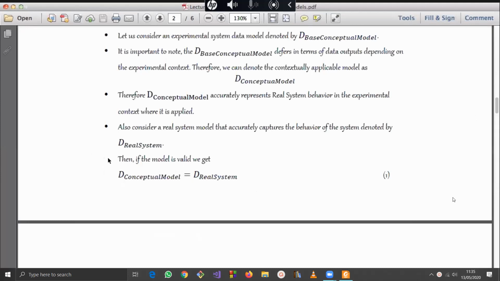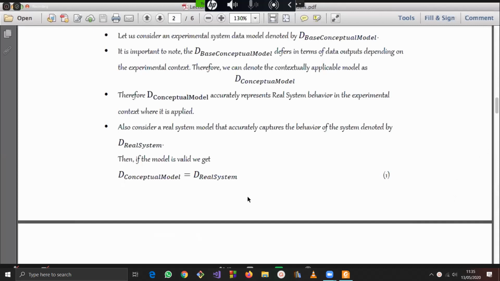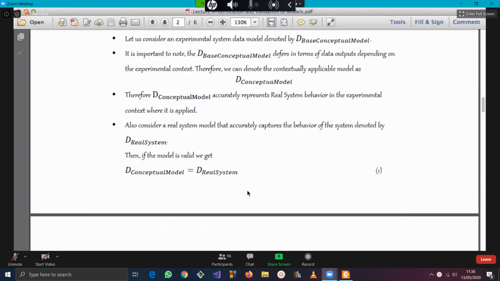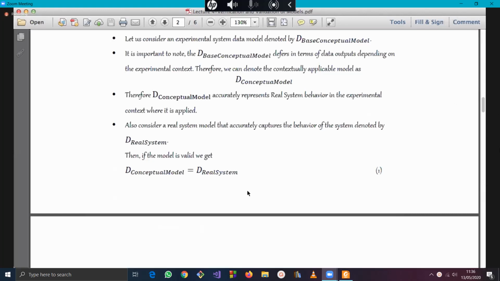That's why we are actually talking about this particular equation, which is more or less like when somebody has a blueprint of a house, then we expect the real house, when it is built, to be a representation of that conceptual model. So this is what is expected at this particular level.